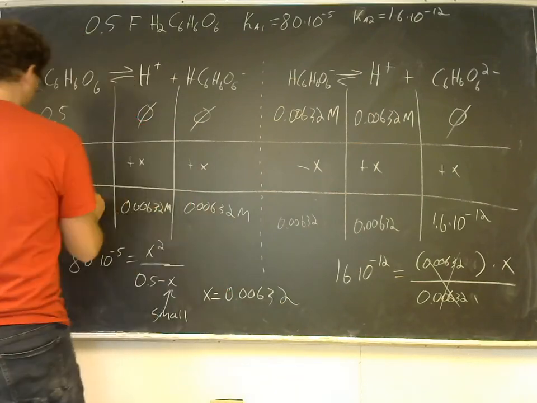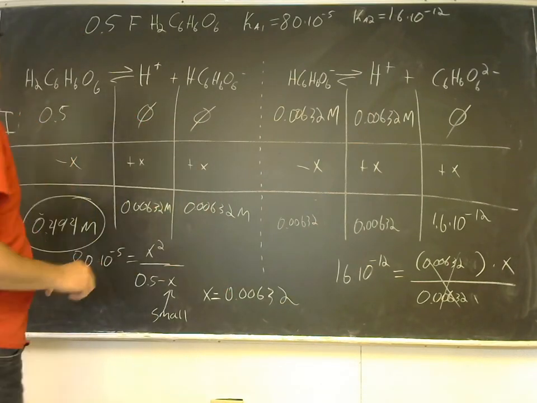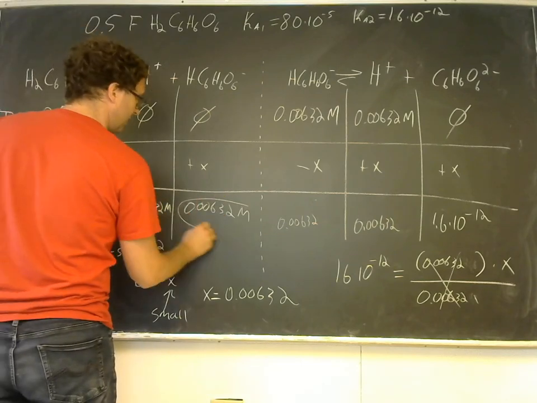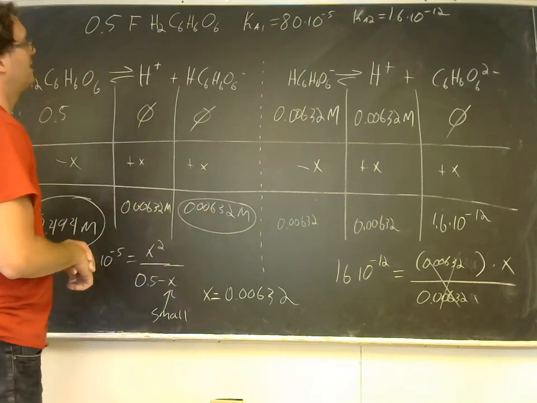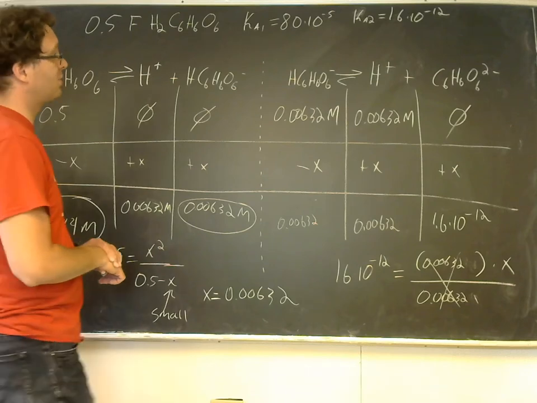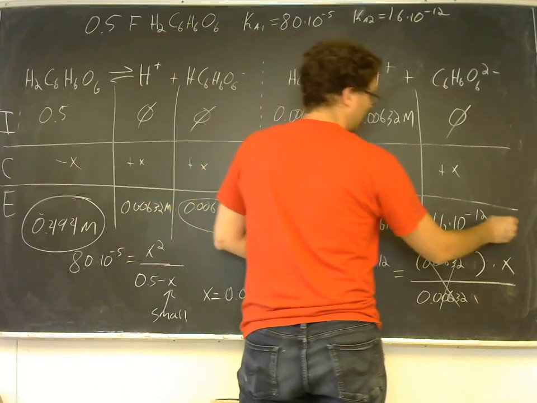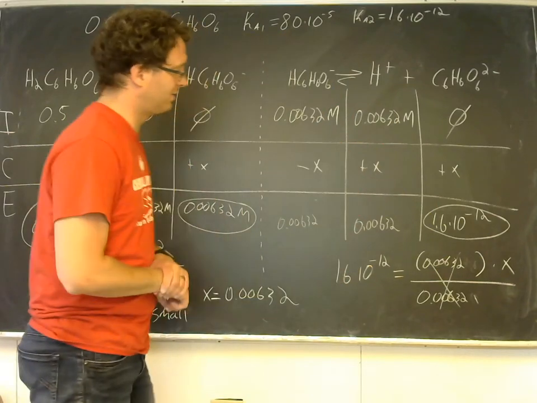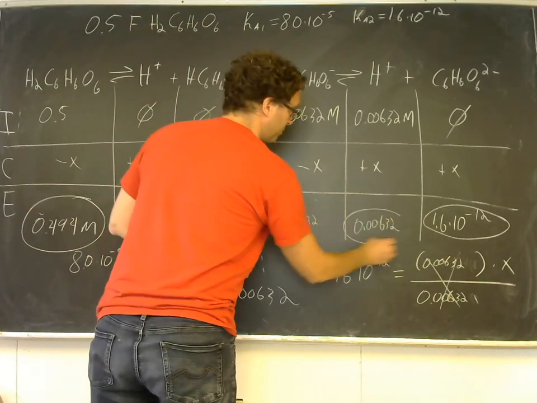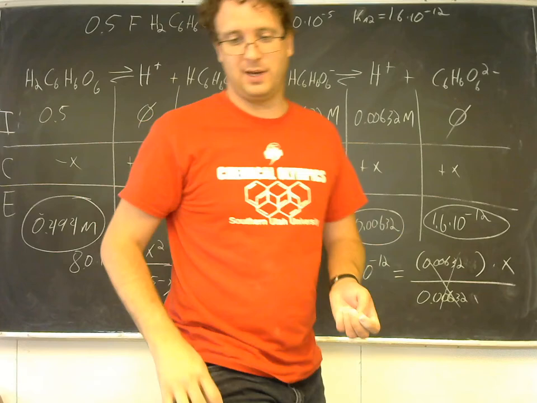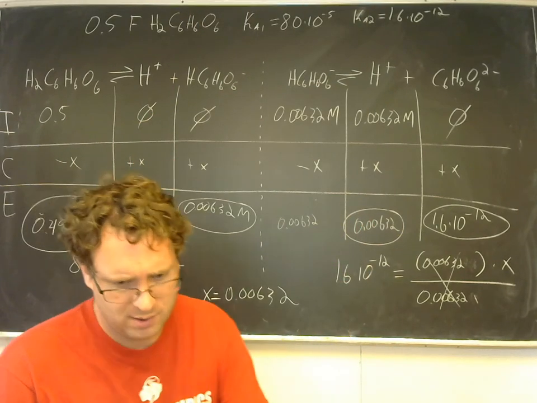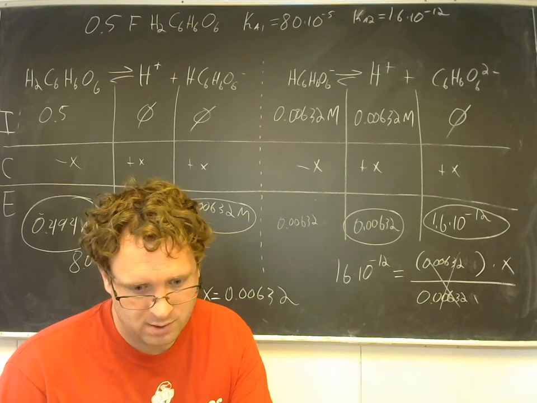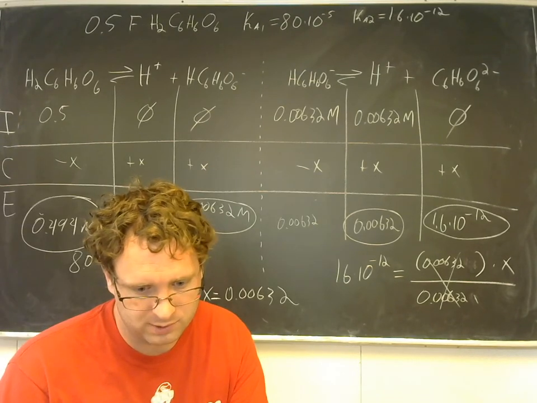We have the ascorbic acid concentration. We have the HC6H6O6 minus concentration. And we have the C6H6O6 2 minus concentration. And finally we have the H plus concentration. Let's just quickly turn that into a pH.